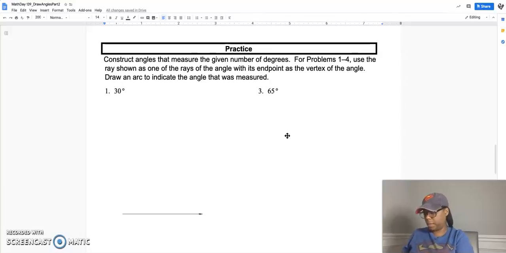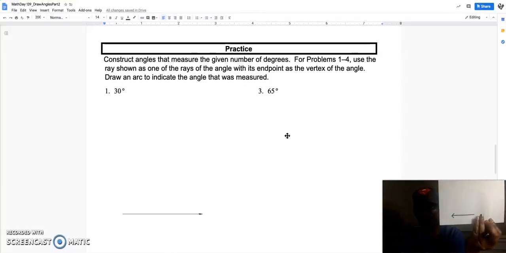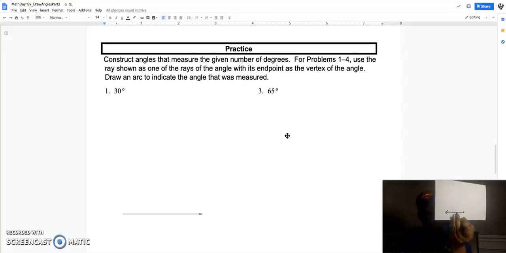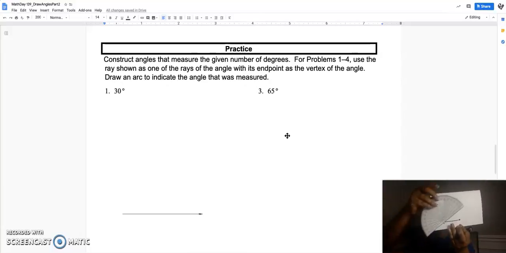So, I'm making my base ray to create an angle that equals 30 degrees. So here is my base ray. Right here, where I'm going to create a vertices, will be where I start my base ray. My dot will be in the middle of my circle on my protractor.